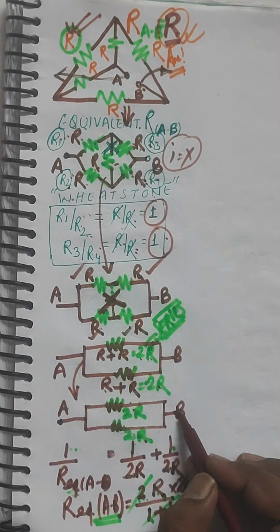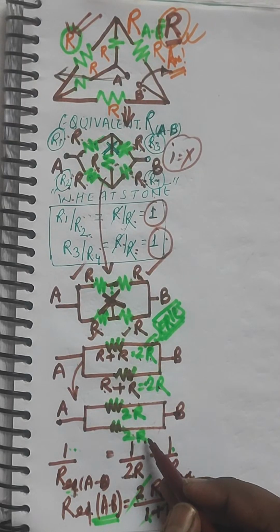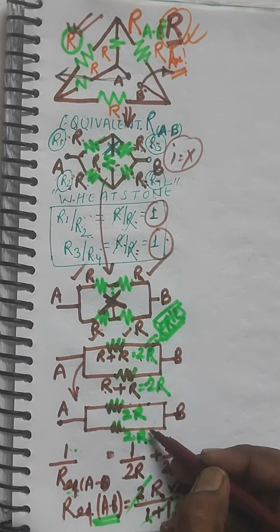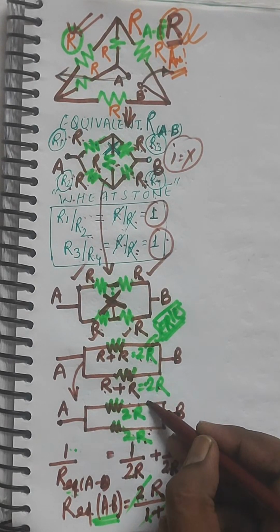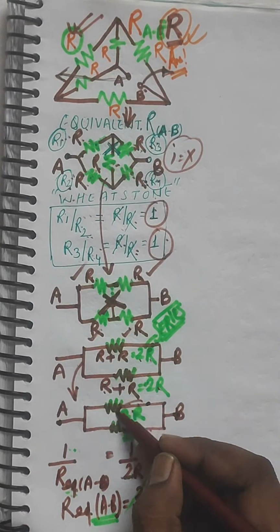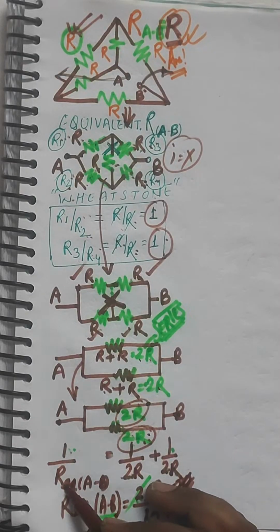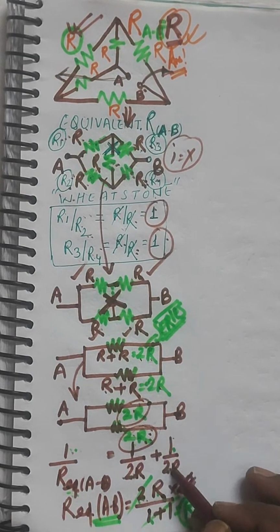between these two terminals A and B is nothing but the equivalent resistance of these two parallel connected branches having a resistance of 2R and 2R. Here you can see this one. So R equivalent is 1 by 2R plus 1 by 2R.